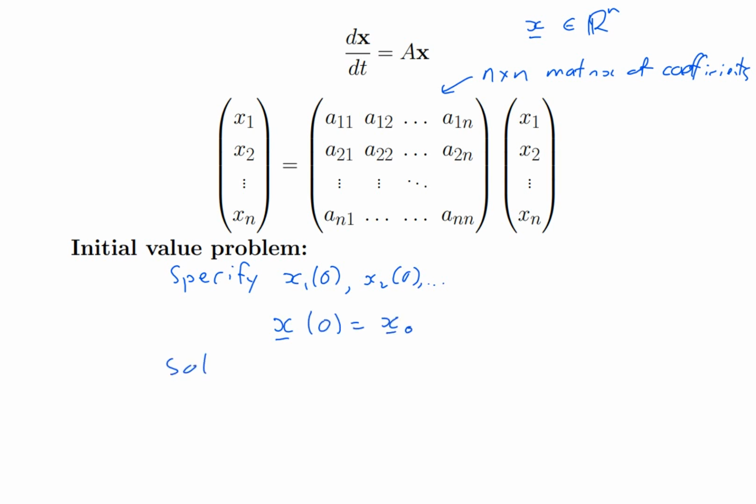And the solution is going to be something like a vector where every entry in the vector is a function of t. And this is a curve in Rn with parameter t. As the time changes, that point in Rn, that vector, moves around.